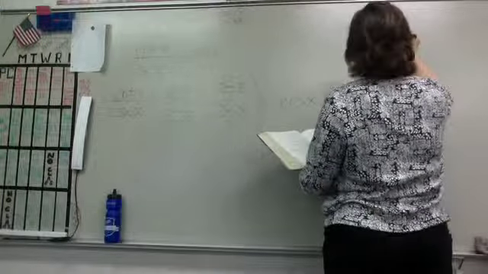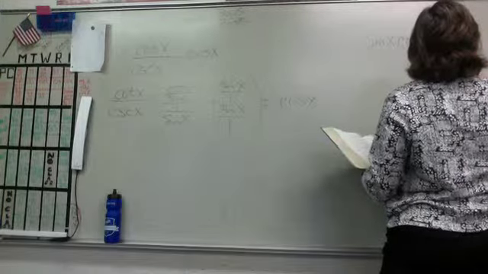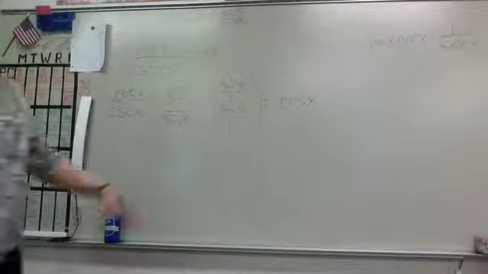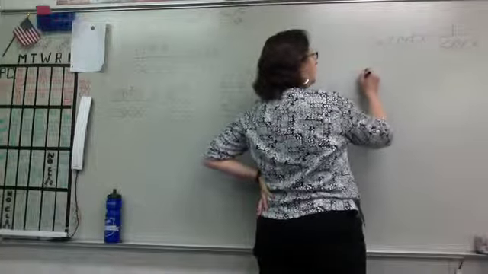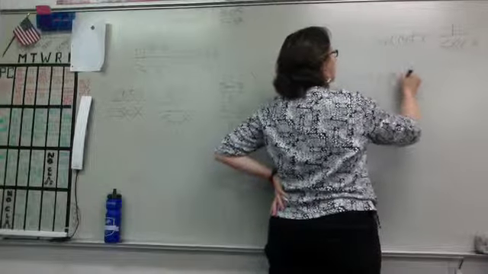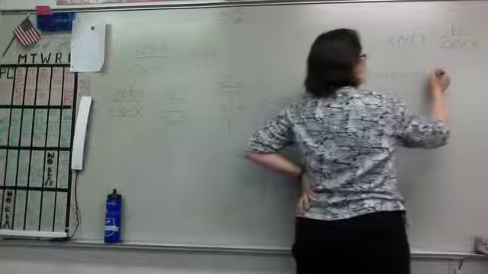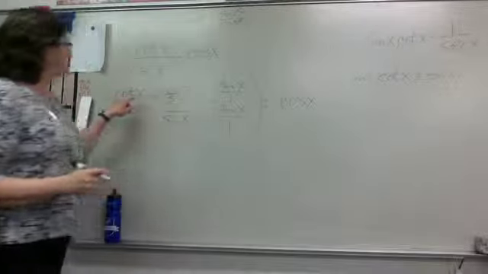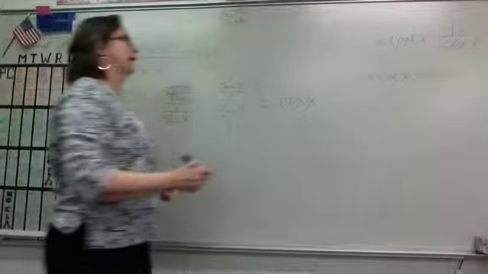Sine of x times cotangent of x is 1 over secant of x. Now I'm going to start with the left, right? I don't mess with the right. So I start with the left: sine x cotangent x equals. Well, the sine x is already in the right form. Sine x times, what is the cotangent x? It's the cosine over the sine. Leave them alone.